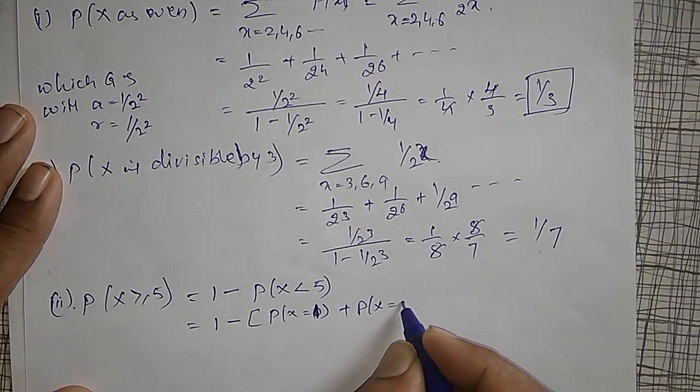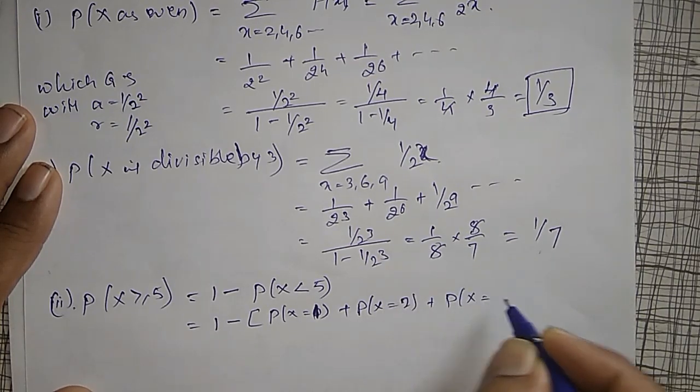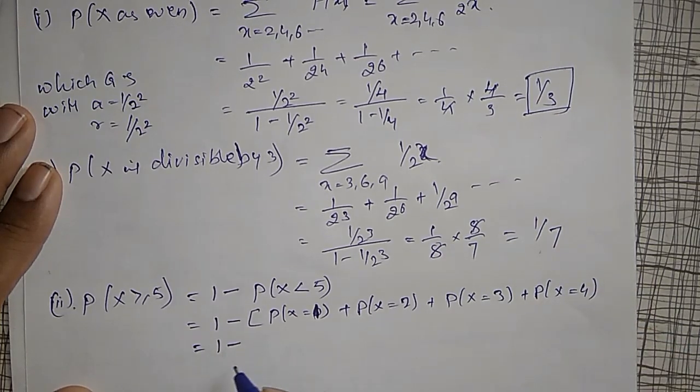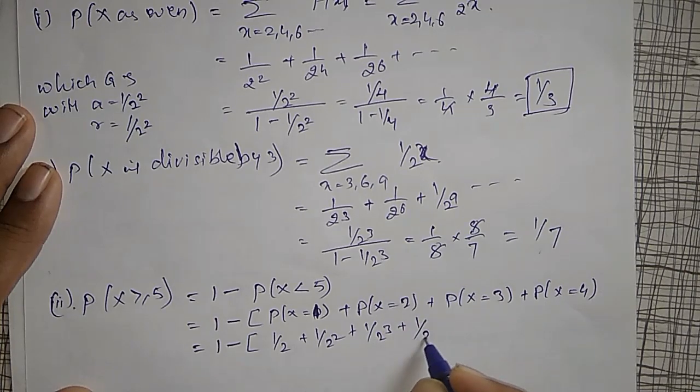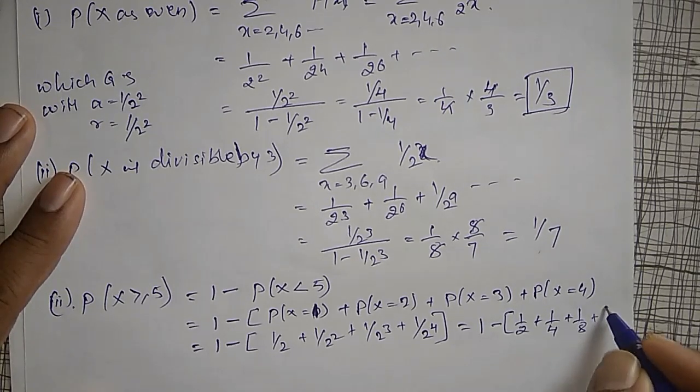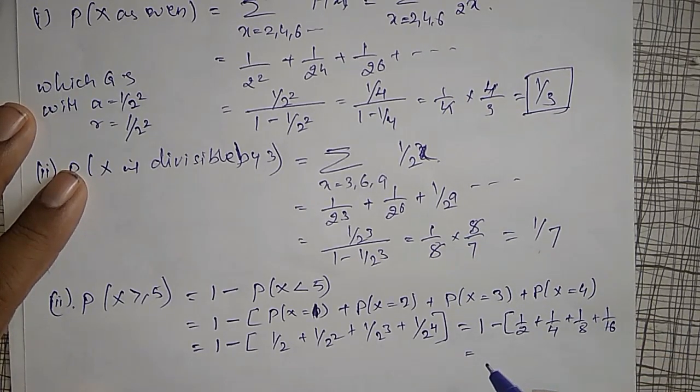That is 1 minus [1 by 2 raised to 1 plus 1 by 2 raised to 2 plus 1 by 2 raised to 3 plus 1 by 2 raised to 4], which is 1 minus [1 by 2 plus 1 by 4 plus 1 by 8 plus 1 by 16]. If you simplify this, we get 1 minus 15 divided by 16, which is equal to 1 divided by 16. That is the answer.